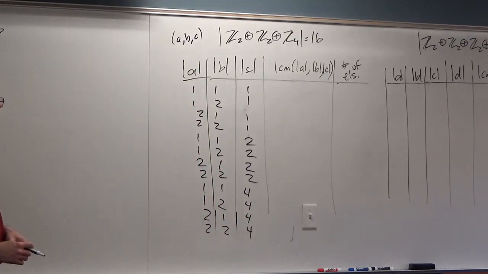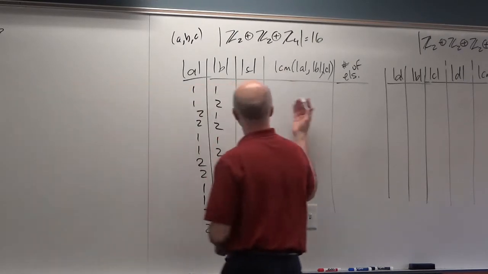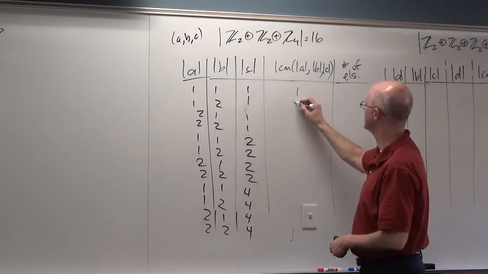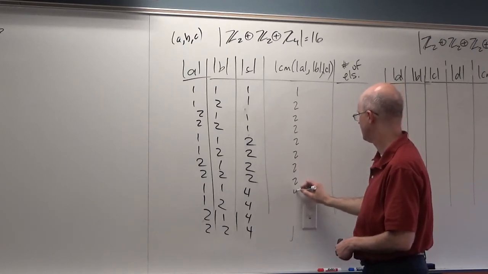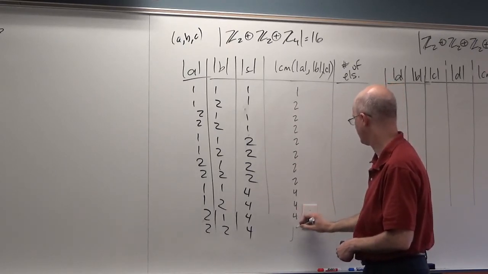Okay, so altogether 12 ways of having different kinds of orders coming together. Take the LCM in each case. You get 1, 2, 2, 2, 2, 2, 2, 2, 4, 4, 4, 4.